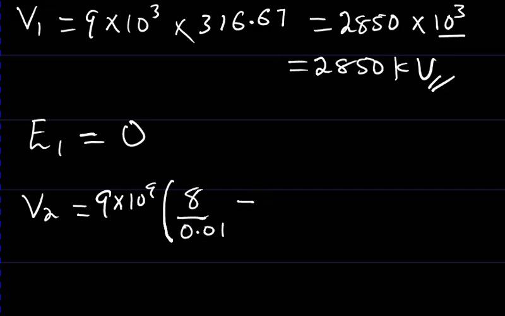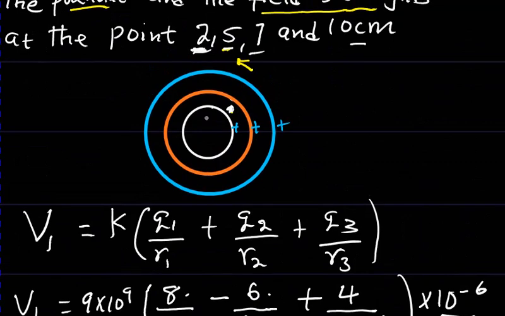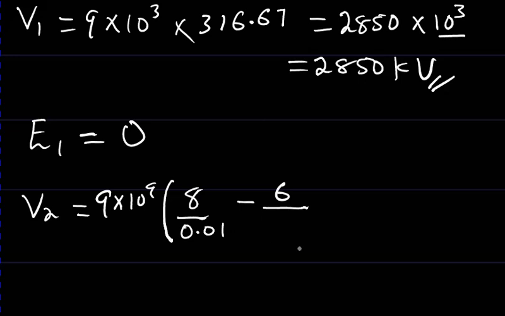Then minus the second charge, which is 6, divided by the distance from the second sphere's surface at 6 cm to that point, so from 6 to 5 is still 1 cm.